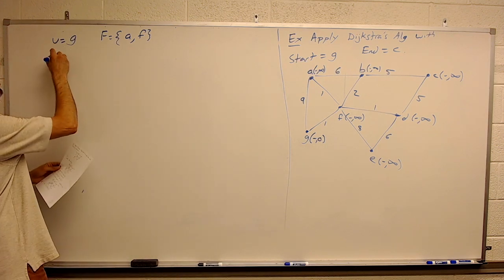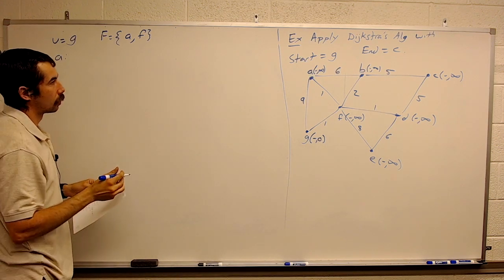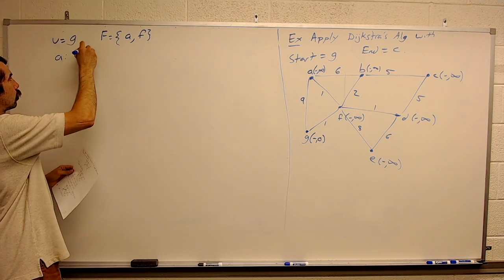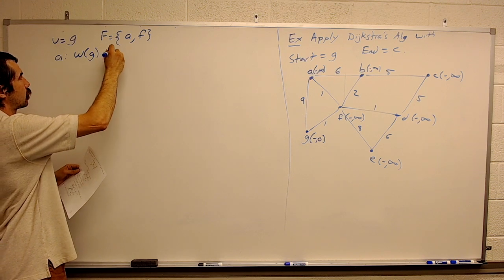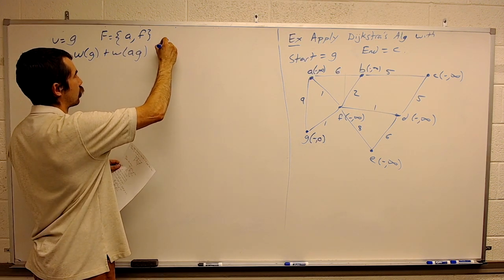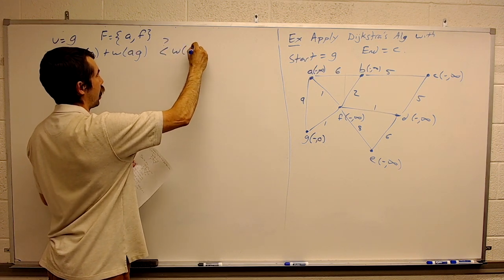So we'll start with A. Is it the case that the weight of G plus the weight of AG, is this less than the weight of A?